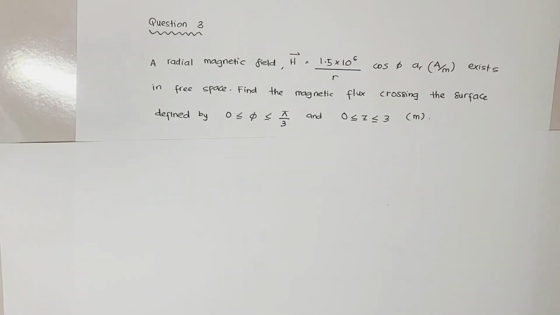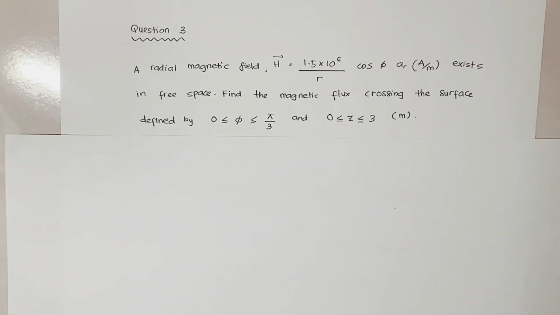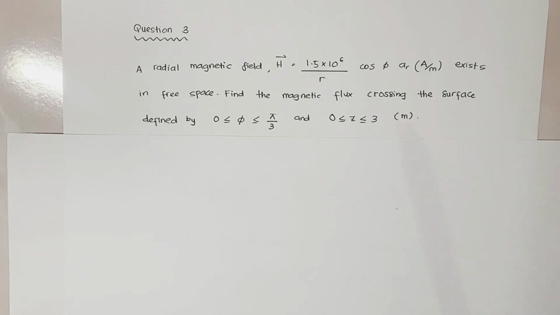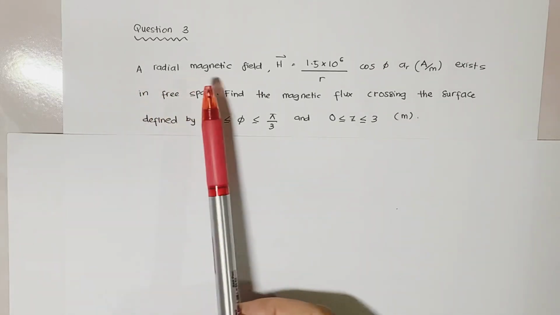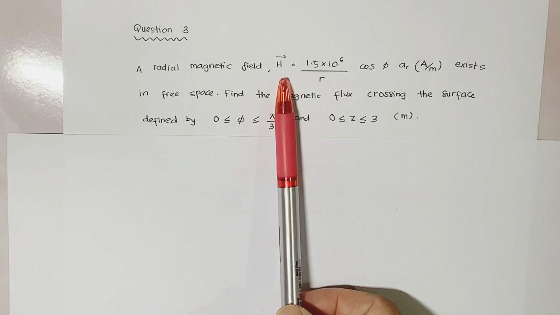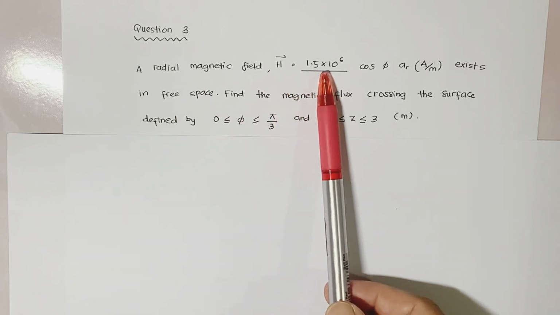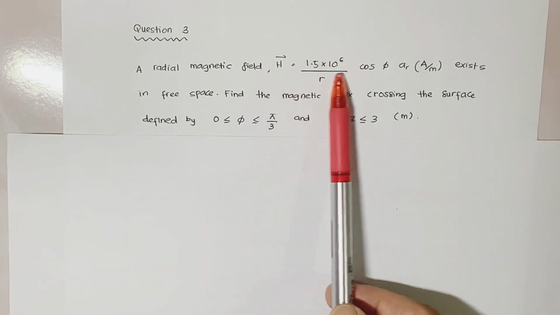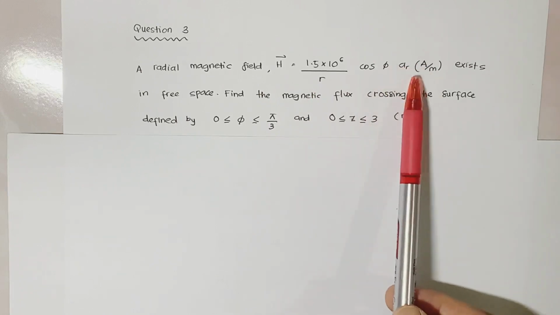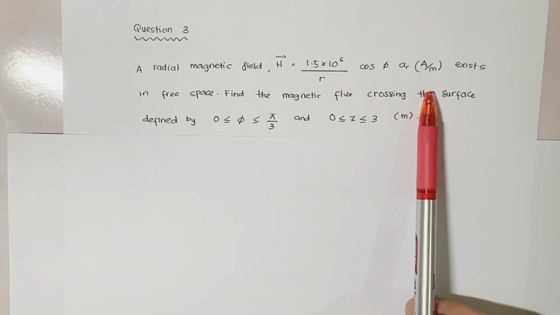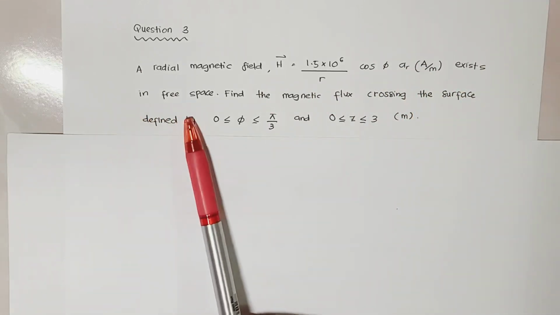Now we proceed to question number 3. This is the question. The question gives you a radial magnetic field H equal to 1.5 times 10 to the power of 6 over R cos phi AR ampere per meter existing in free space.